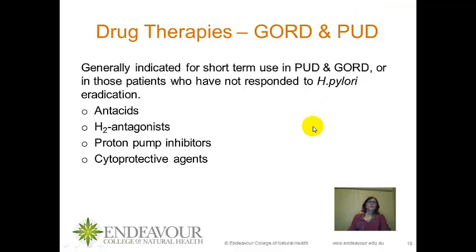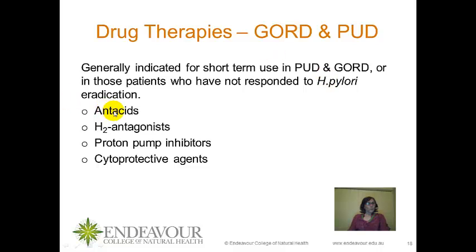We'll see with GORD and PUD, if they don't respond to therapy short-term for GORD, it might indicate Helicobacter pylori eradication, but commonly that's in PUD where they will target that organism.